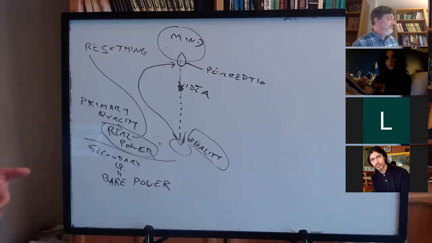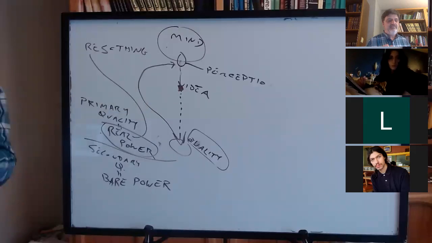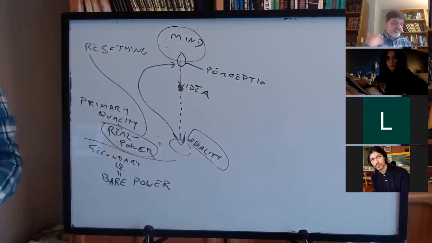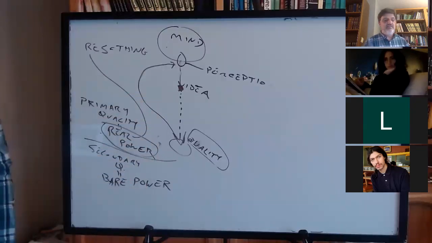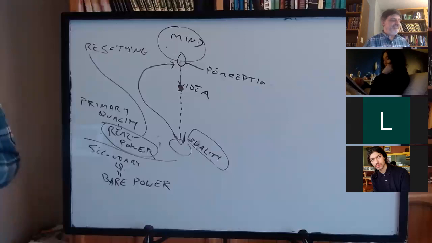Whereas in the case of figure, like spherical, there's an idea of sphericity in me, and there's a quality in the body by which it causes me to perceive that idea of sphericity. But in this case, the idea and the quality resemble each other. So it makes more sense to call them both by the same name, to say this is the idea of sphericity and this is the quality of sphericity because they resemble each other. Did that help?